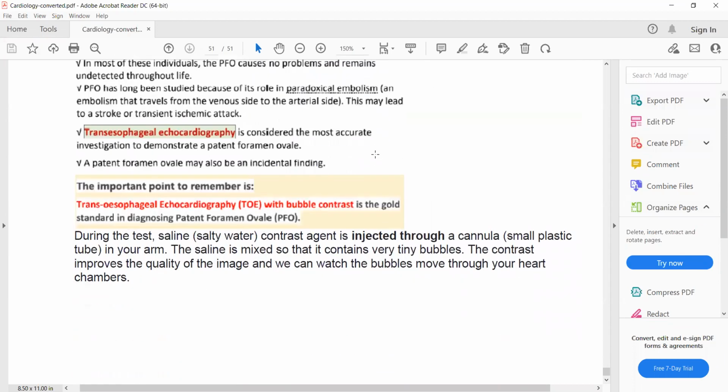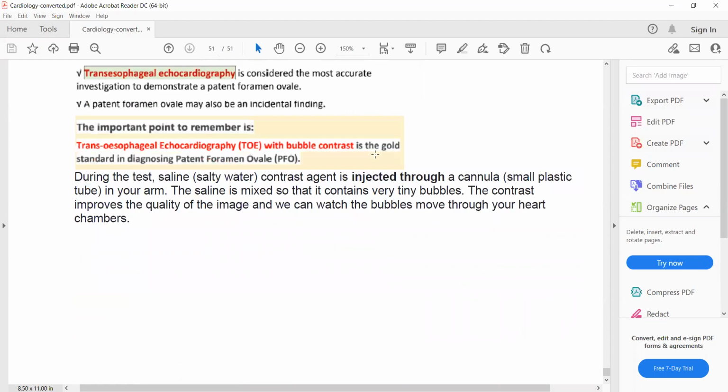Patent foramen ovale. Foramen ovale is basically a communication during embryonic life, a communication between right atrium and left atrium, which allows the flow of blood from right atrium to left atrium because the lungs are not functioning in the fetus or inside the womb.